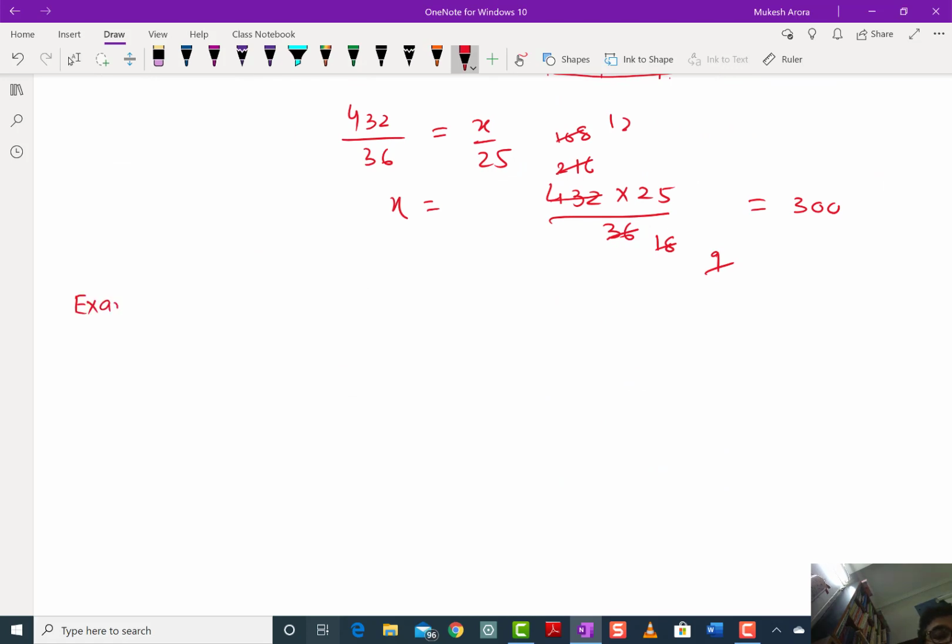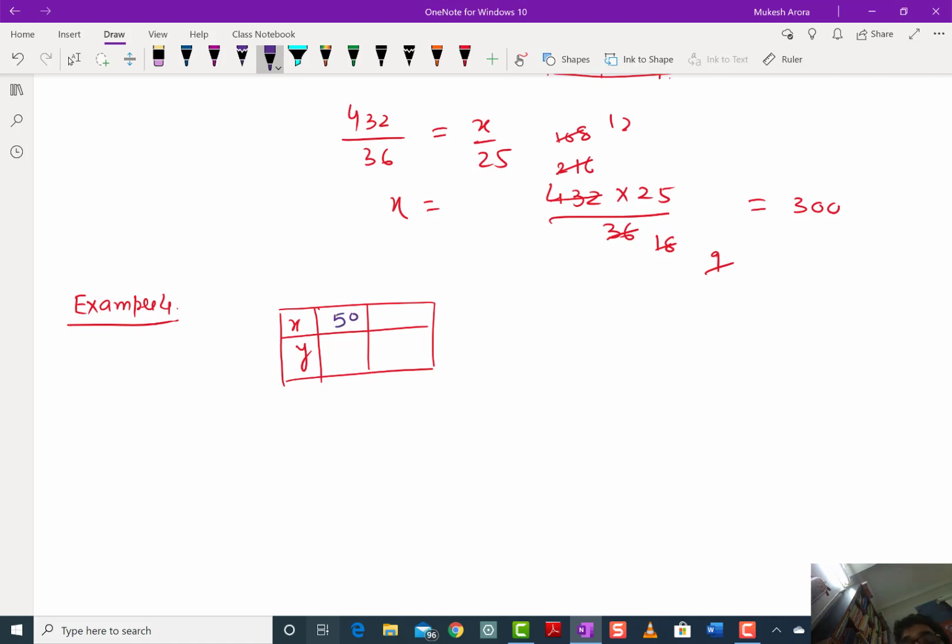Example 4. Example 4 is 50 meters of cloth.